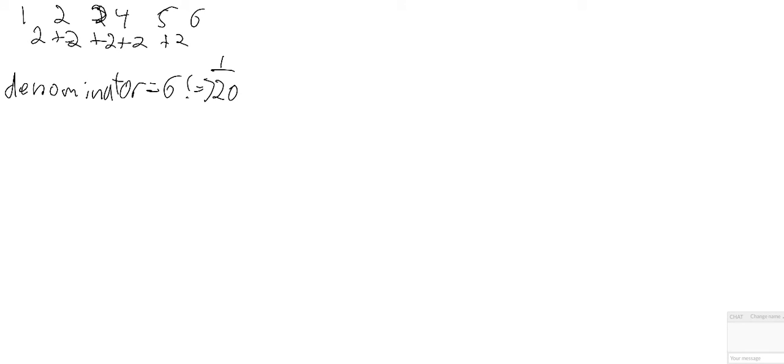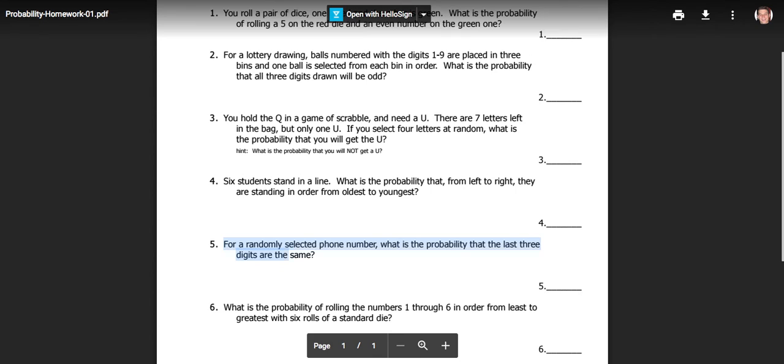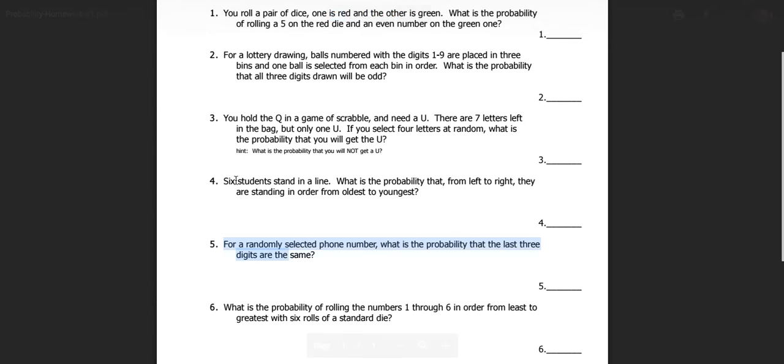Let me read the question again just to make sure. 6 students in line, what's the probability that from left to right they're standing in order from oldest to youngest? Yeah, it should be 1 out of 720 because there's only one way that they could stand like that. Maybe I put in the answers kind of quickly. Maybe I mixed some of them up.